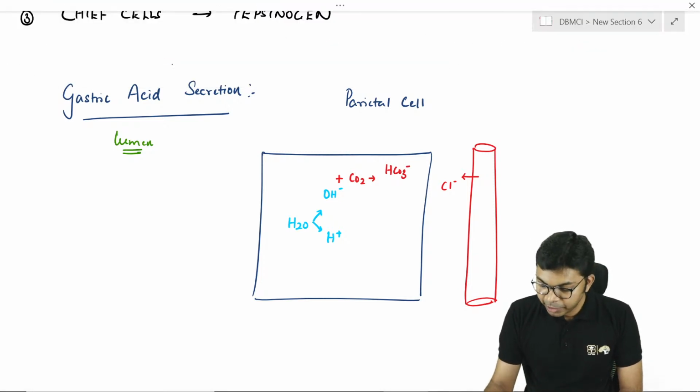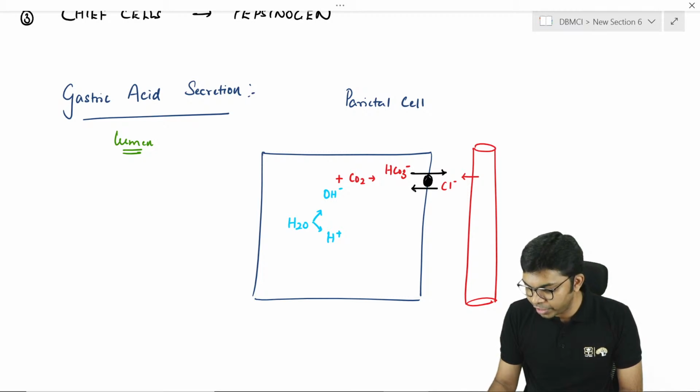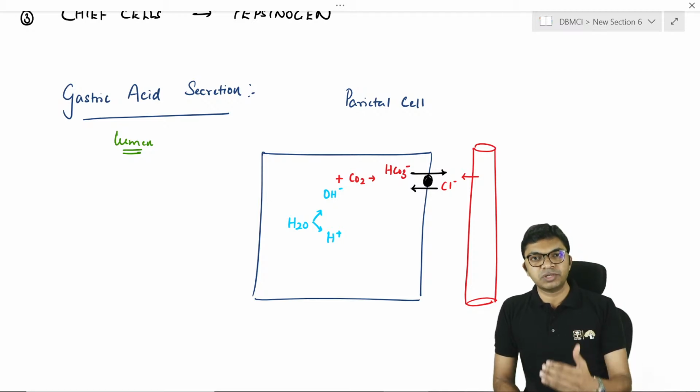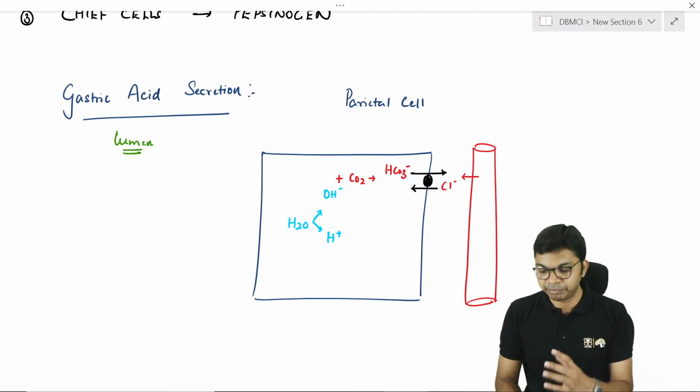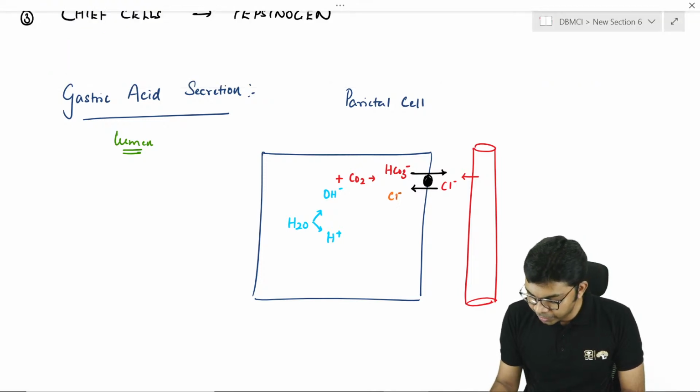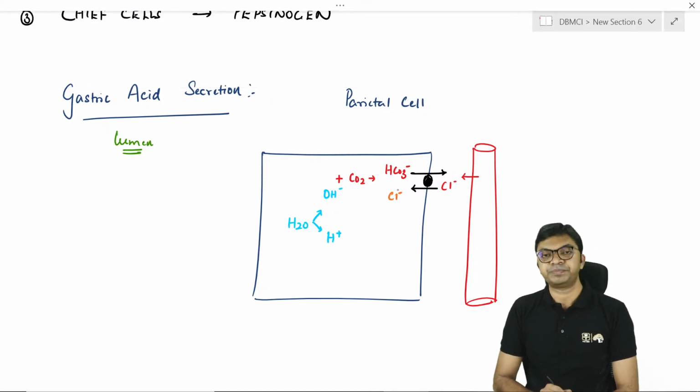And the bicarbonate thus formed is going to be exchanged. There is going to be movement of bicarbonate out of the cell in exchange for chloride into the cell. This is exactly how the chloride that got out of the blood vessel is taken into the parietal cells. So we are seeing movement of chloride into the parietal cells, doctors.